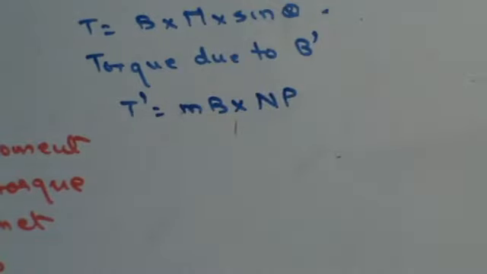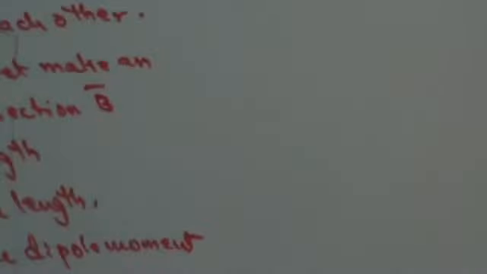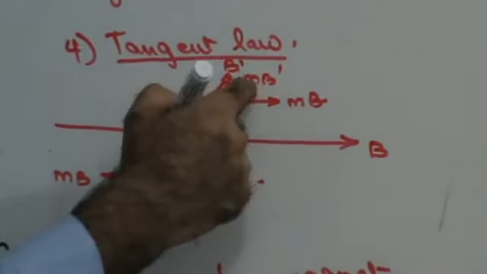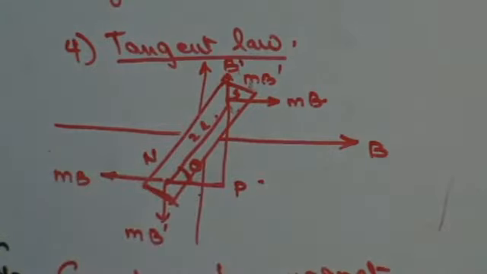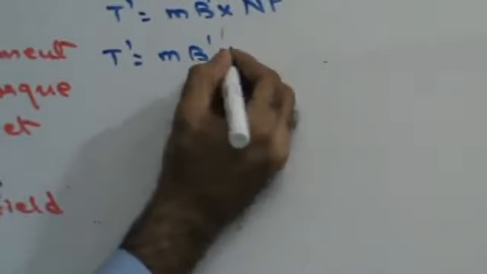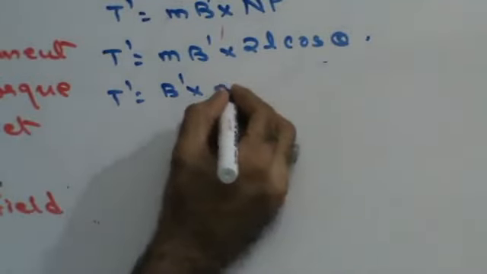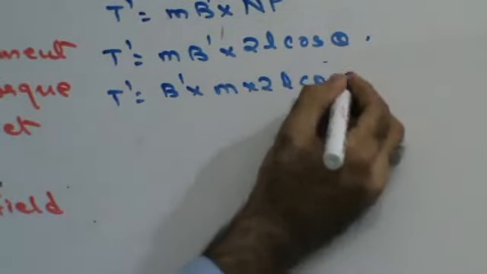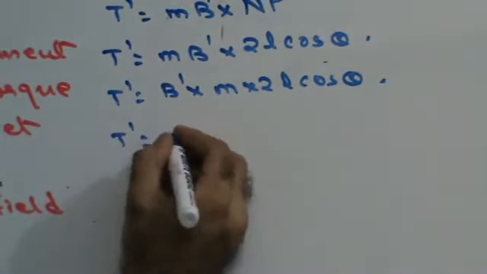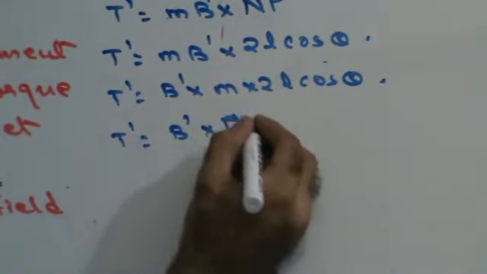So T bar is MB bar into NP, and NP is 2L cos theta. This can be written as T bar is equal to B bar into M into 2L cos theta. Therefore, T bar is equal to B bar into magnetic dipole moment into cos theta.